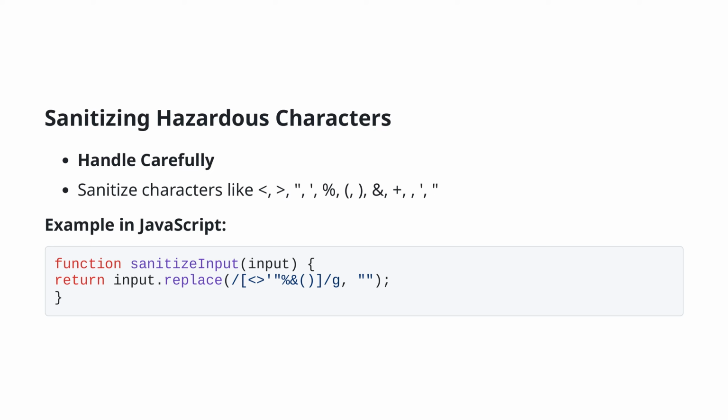Here's an example function. JavaScript: function sanitizeInput(input), return input.replace(/[...]/g, ''). This method ensures that any malicious input is stripped of potentially dangerous characters, securing your application against various attack vectors. Always remember, effective input sanitization is a fundamental aspect of maintaining secure software applications.